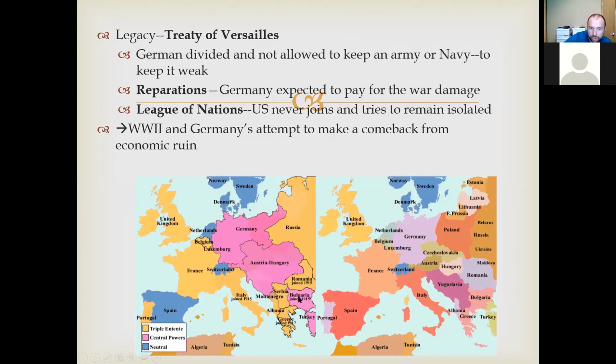Bulgaria ends up joining. So the pink are the Central Powers. They're on one side. The Allies are the yellow countries, or orange, or whatever color this is. Portugal, France, Italy, UK, Russia, Romania, Serbia, obviously, who, again, started the war, Albania, and Greece, right?